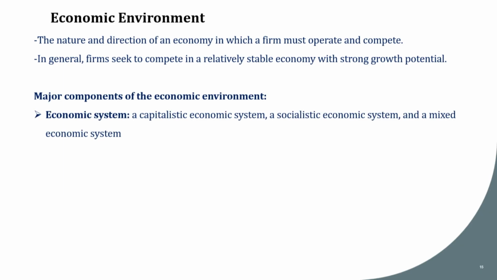The major components of the economic environment include, the first one, the economic system. Economic system means whether we are living in a capitalist economic system like US, Canada, UK, Germany, or a socialist economic system like Russia and some Latin American countries, Cuba, or in a mixed economic system like India.